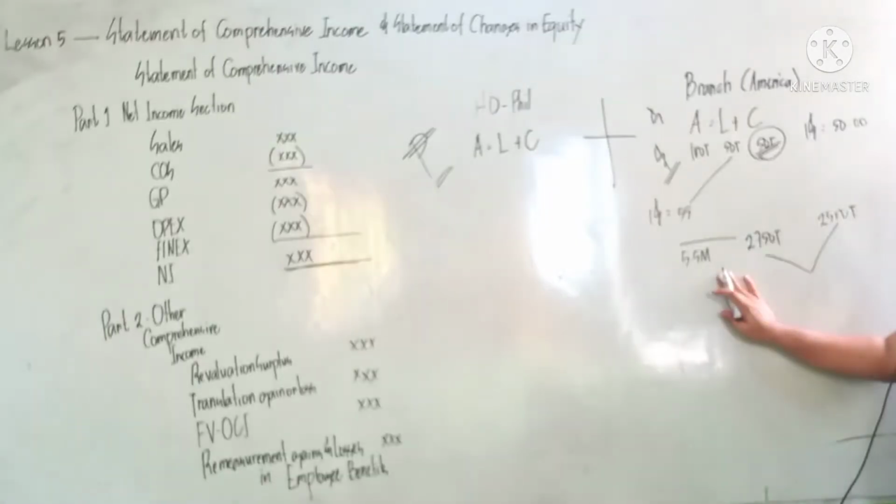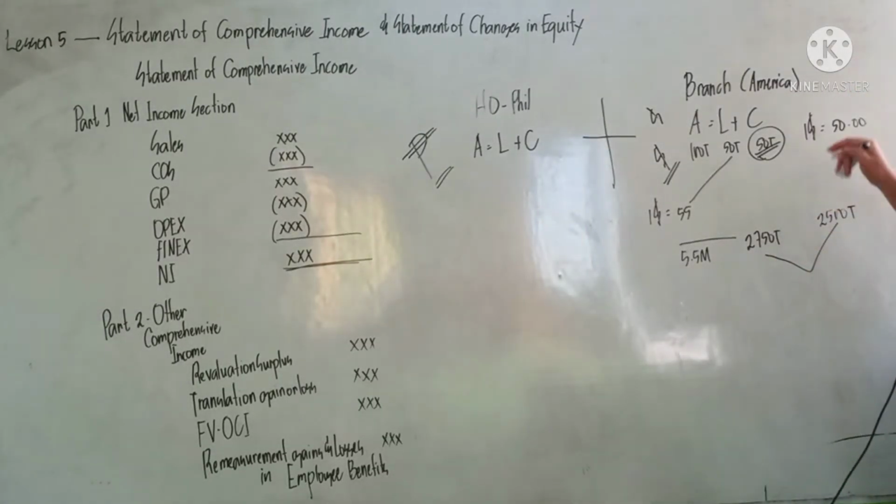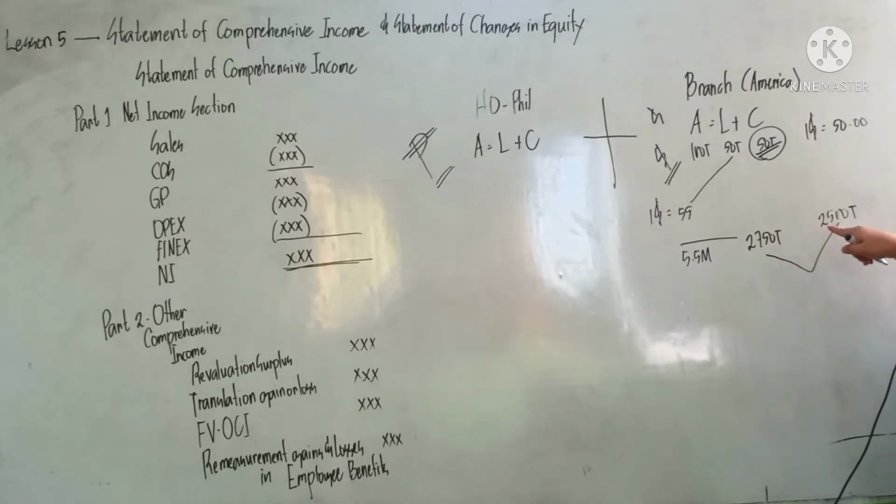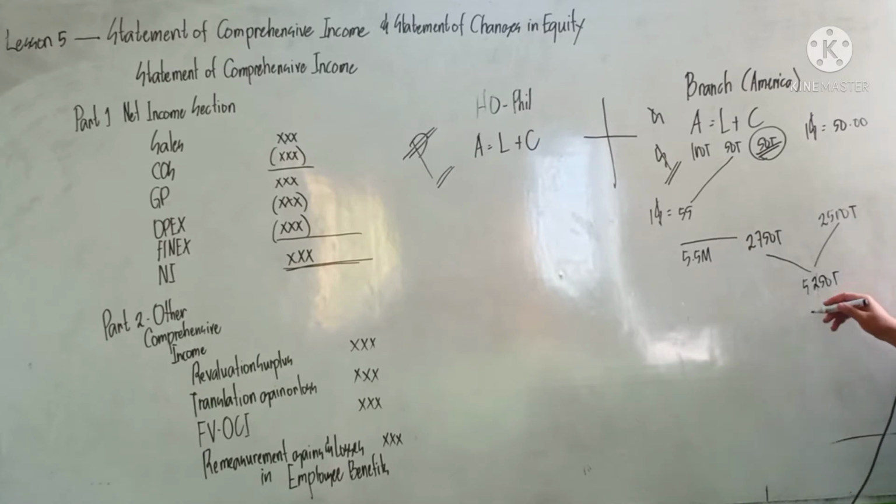So as you can see here, look at the balance. The asset is 5.5 million for the branch and 2,750,000 plus 2.5 million, that's 5,250,000. There is something lacking on the credit side, in the liabilities plus capital. So, this will be balanced because you're going to recognize a translation gain of 250,000.